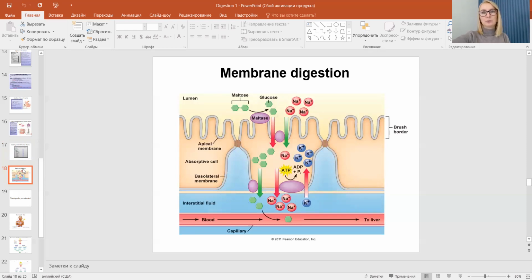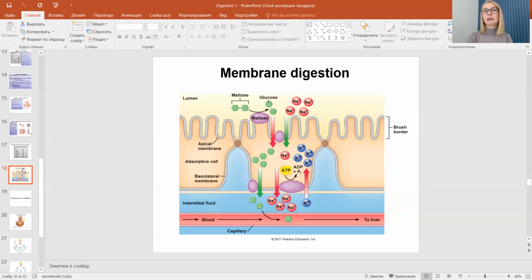So, digestion in the small intestine. Digestion within the small intestine lumen is accomplished by the pancreatic enzymes, with fat digestion being enhanced by bile secretion. As a result of pancreatic enzymatic activity, fats are completely reduced to the absorbable units of monoglycerides and free fatty acids.